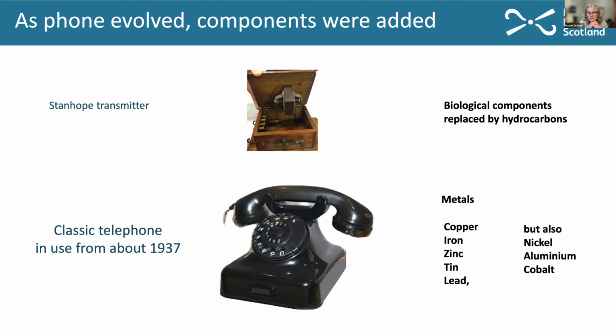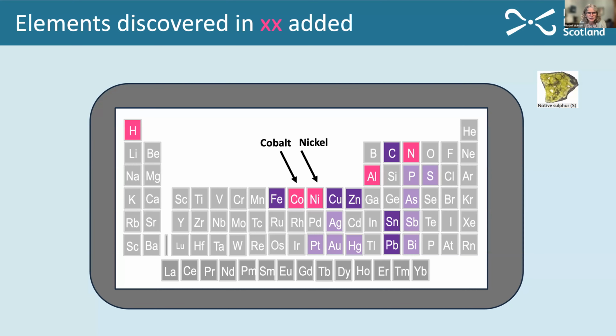By 1937, we used all those metals that were known from antiquity, including lead and zinc, but we also added more metals to it. So nickel, aluminium, copper, but it's still only just a handful. You can see cobalt and nickel were just the 2 added that were fairly recently found or isolated, I should say, in the 18th century.